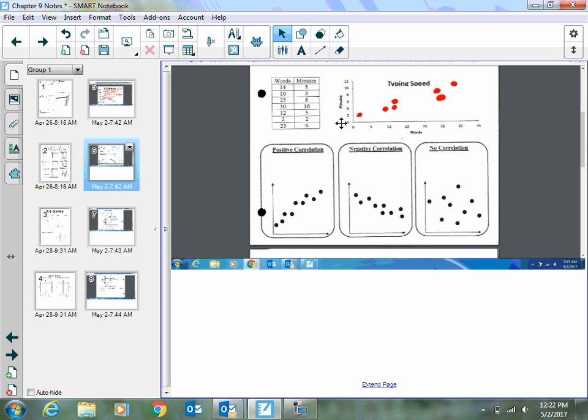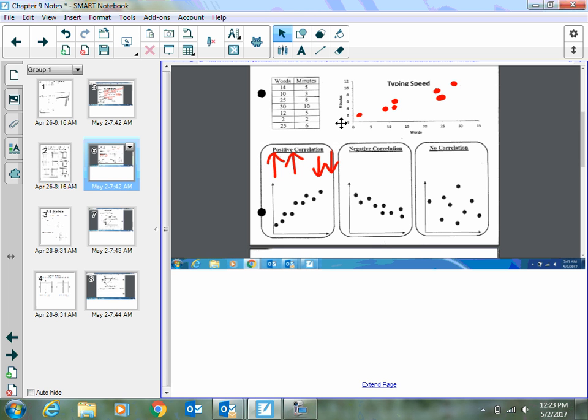So to have a positive correlation, both things either need to be going up or both sets of data need to be going down. So an example of two things going down would be as temperature decreases, ice cream sales decrease, right? Because you typically eat ice cream when it's warm.